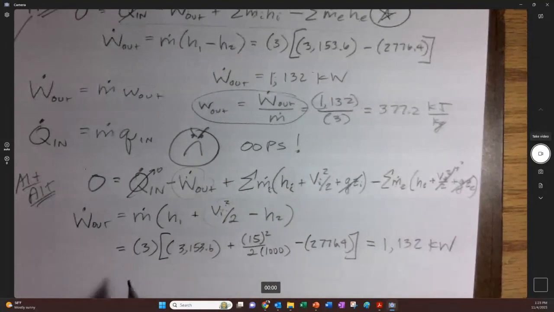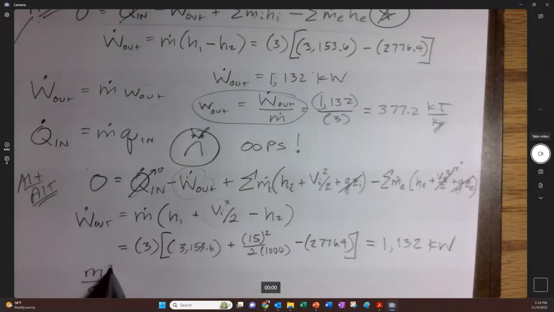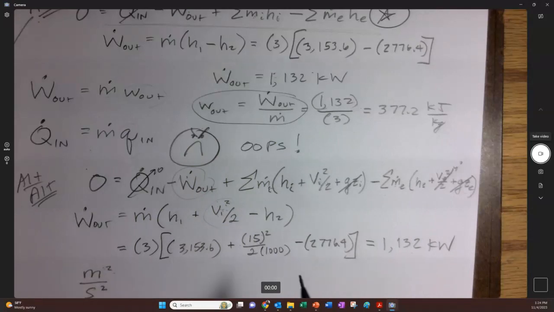We note that it was a round-off error right here in the velocity. And if you wanted to double check that, meter per second, and this was squared. Let me go the other way around.